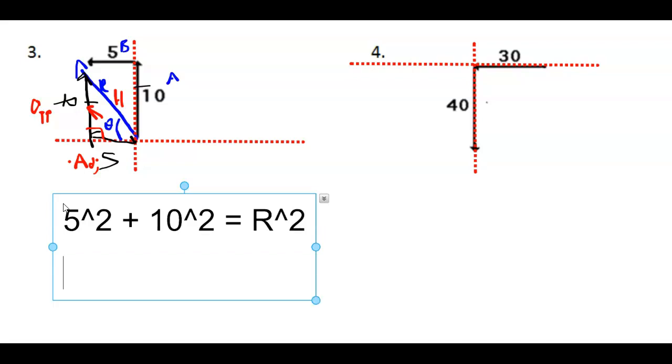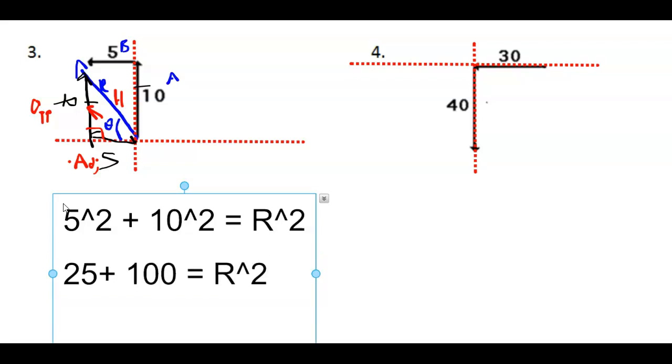If we do this math, 5 squared is 25, 10 squared is 100, and that's equal to r squared. So you're really trying to get the square root of 125.